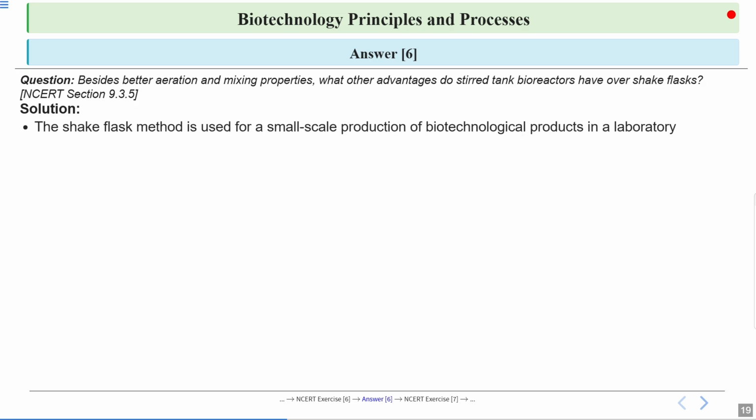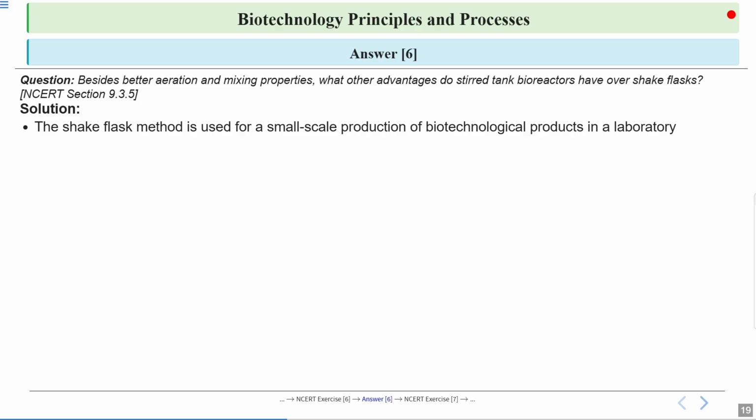The shake flask method is used for small scale production of biotechnology products in the laboratory. So if you are testing, or if you are doing any biotechnology process and you want to get any product, you do that in the laboratory at a very small scale. So when you are taking out any product based on a biotechnological application, you use the shake flask method.